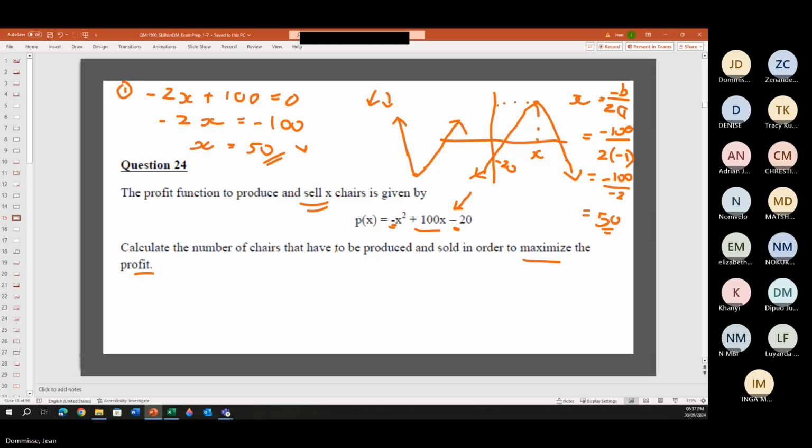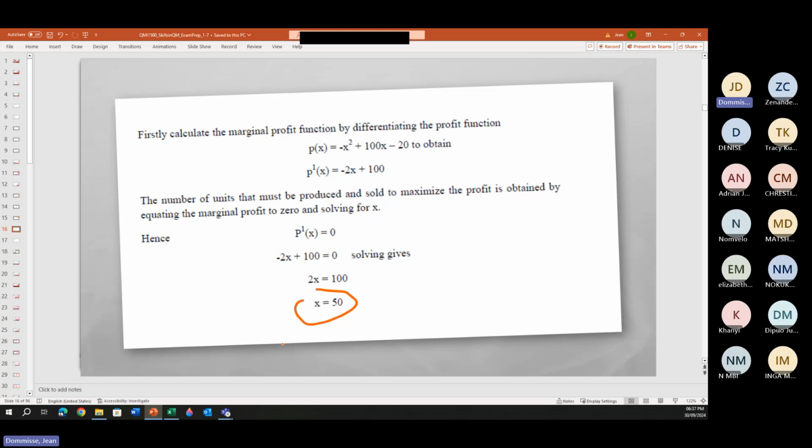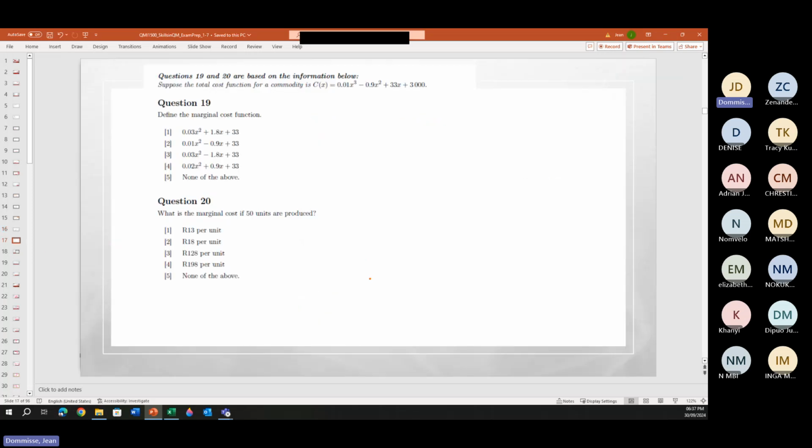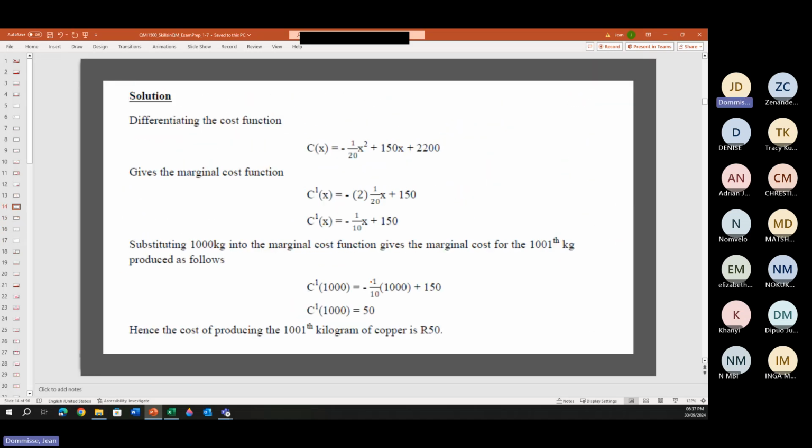What I have included is the method if you do it via the differentiation method. So when you work out that marginal profit with differentiation, that is how I basically did it for you guys.